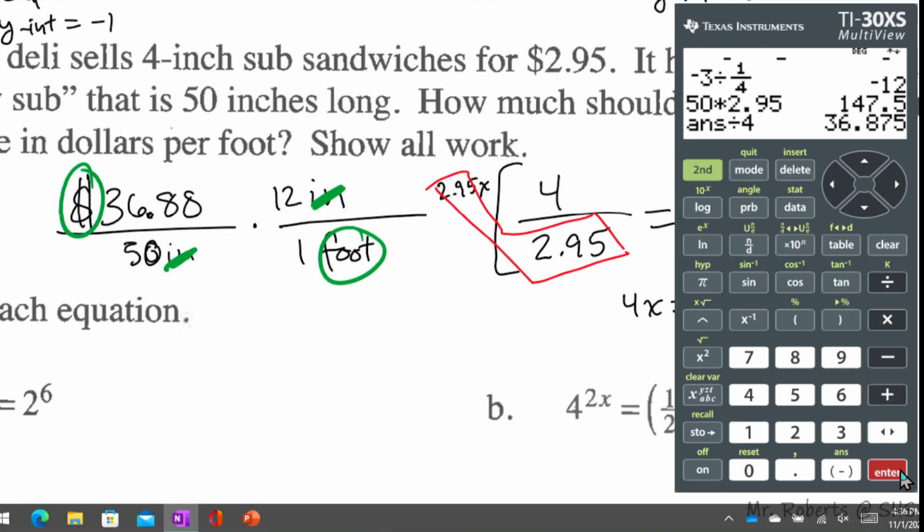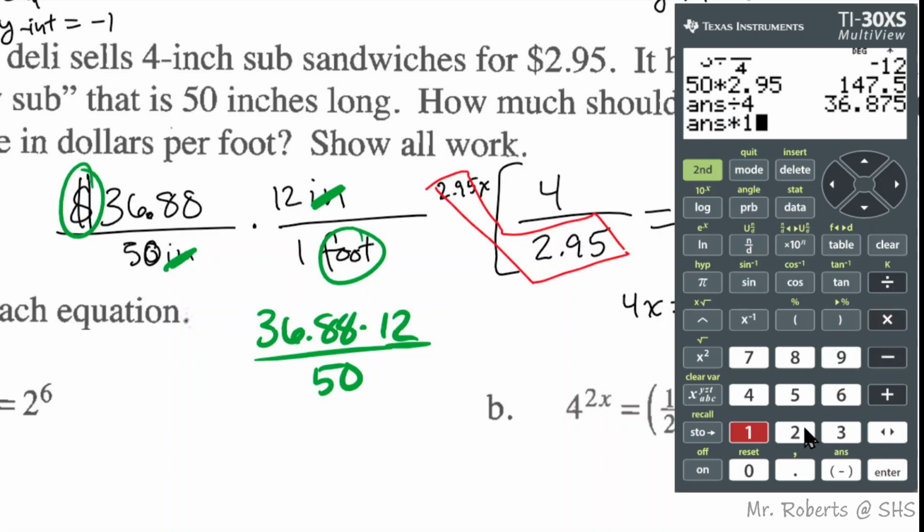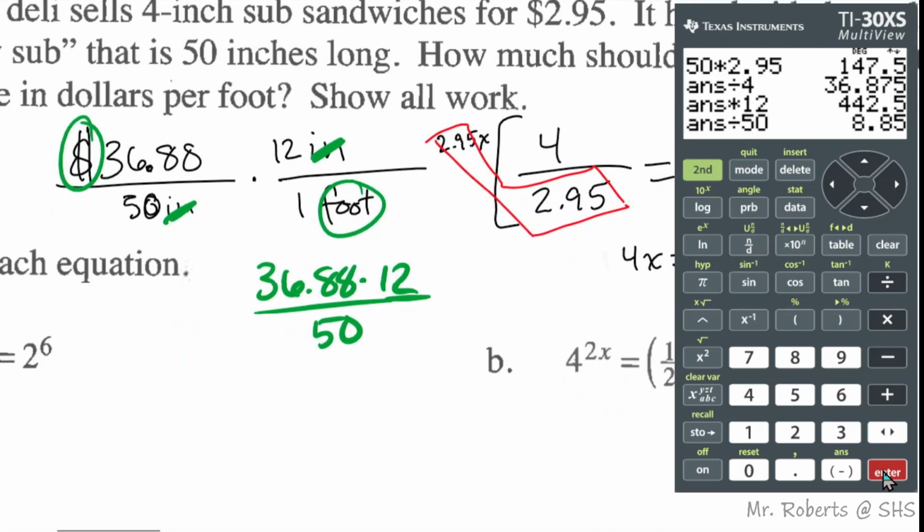So I'm looking at 36.88 times 12, and then I'm going to divide that by 50. I'll leave the 0.875. I'm going to multiply that times 12, and then divide that by 50. I get $8.85, right?